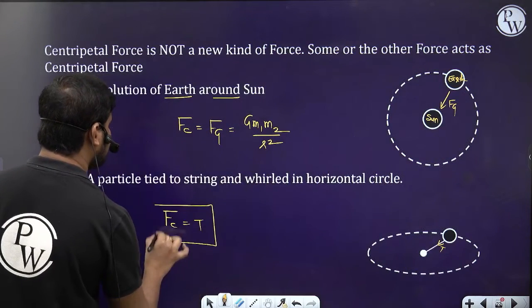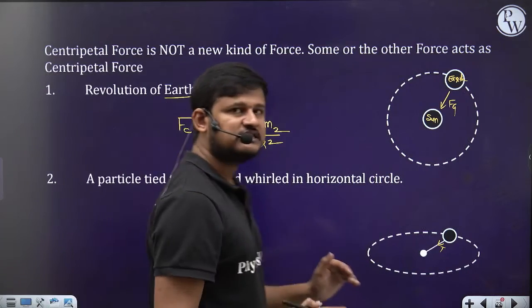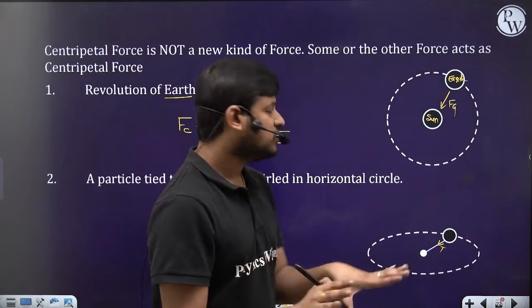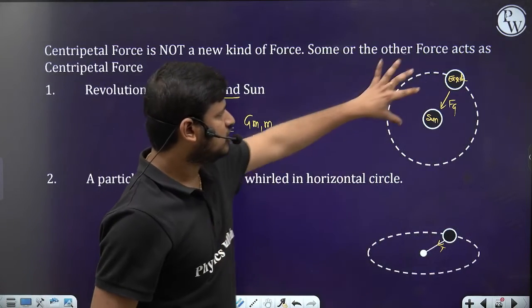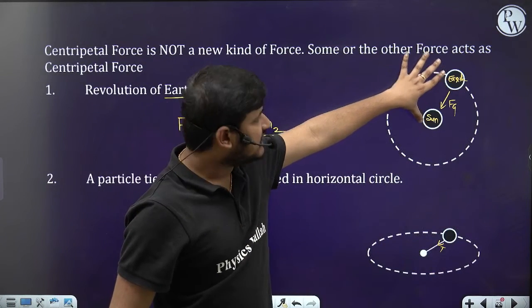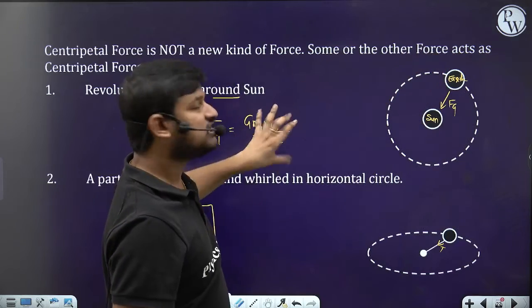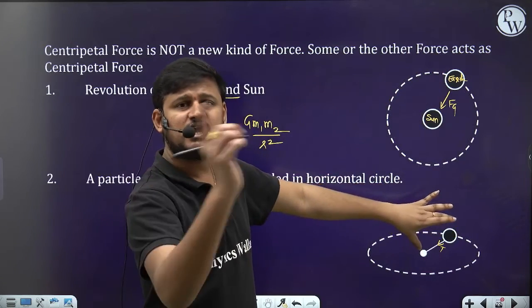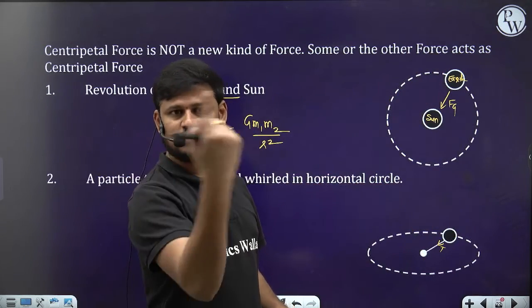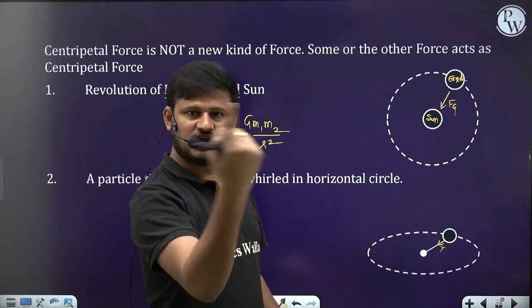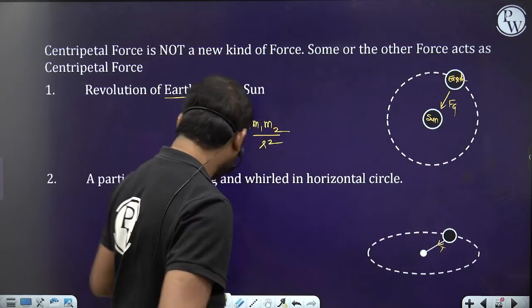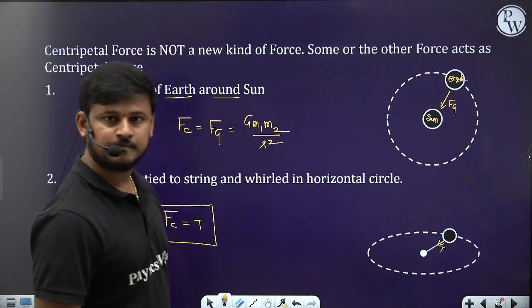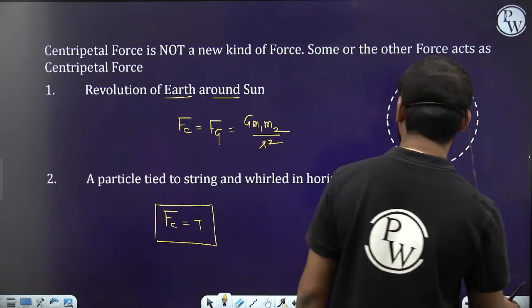So the centripetal force is not a new kind of force. Somehow, other forces will act as a centripetal force depending on the situation. Between the sun and earth, the gravitational force acts as a centripetal force. When you whirl a stone attached to a string in a horizontal circle, the tension in the string acts as a centripetal force. That's it. Okay, clear guys?